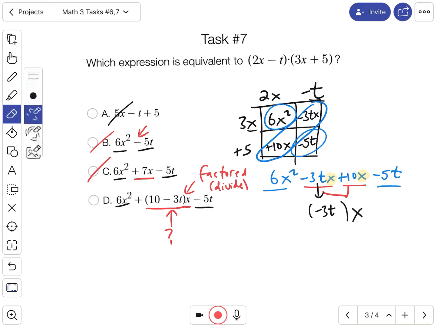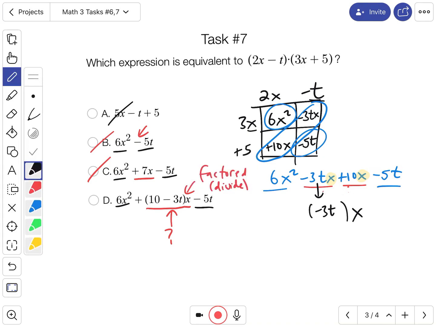The 3t and the 10. So we could bring down the plus 10. And notice that if you wanted to go from there back up, you could just distribute. Negative 3t times x is negative 3tx, and 10 times x is 10x. So you basically have an equivalent form here. This down here and these two terms up there are equivalent.